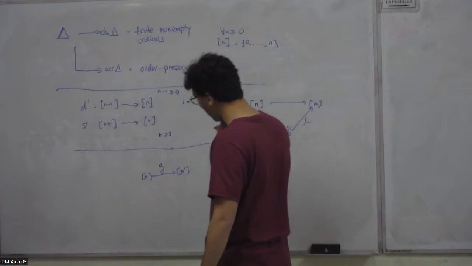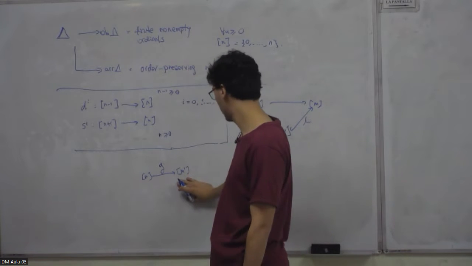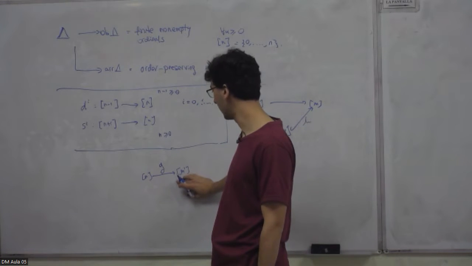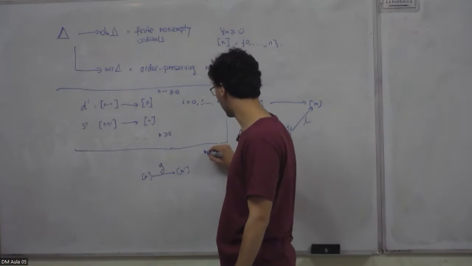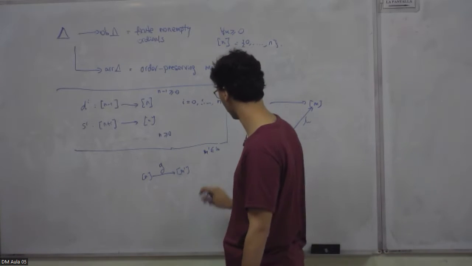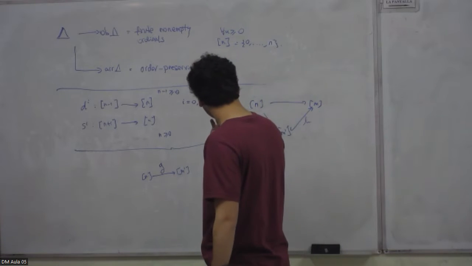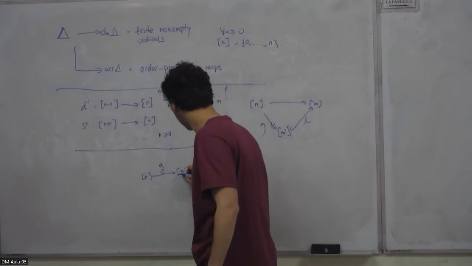How many of these are there? Since this is a surjection, this cannot have more elements than this. So we have this condition, with a plus 1 on both sides, which we can cancel.